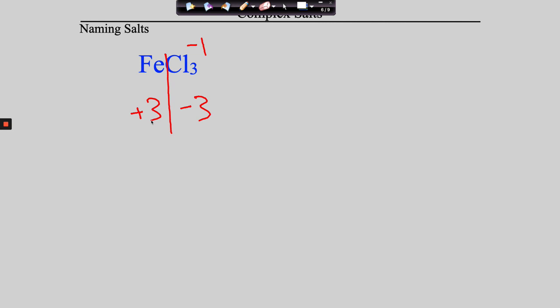But guys, how many iron atoms are creating that +3 charge? Just one. There's an understood 1 there. So 3 divided by 1 is 3. That means that this salt is iron(III) chloride.